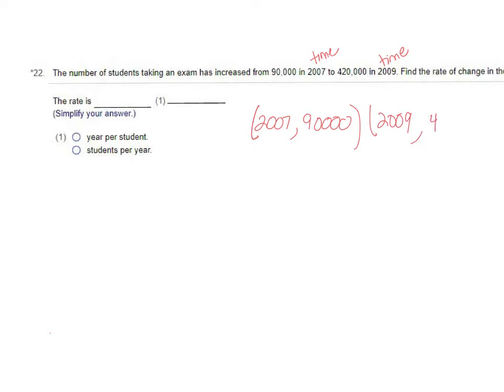And I know that it's going to be a positive rate of change because both my independent and dependent variable are increasing. And so I'm going to look at my slope, my change in y over my change in x.